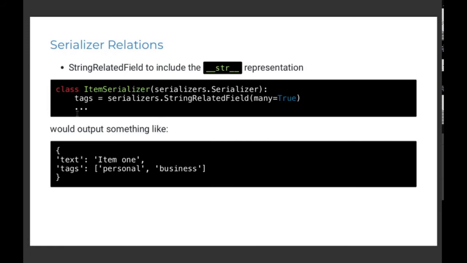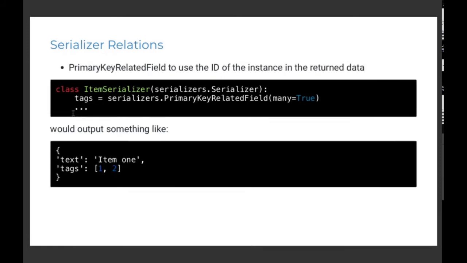If I use a primary key related field, it would give me a list of all the primary keys of those related items. But what we will use is a nested serializer for ease.